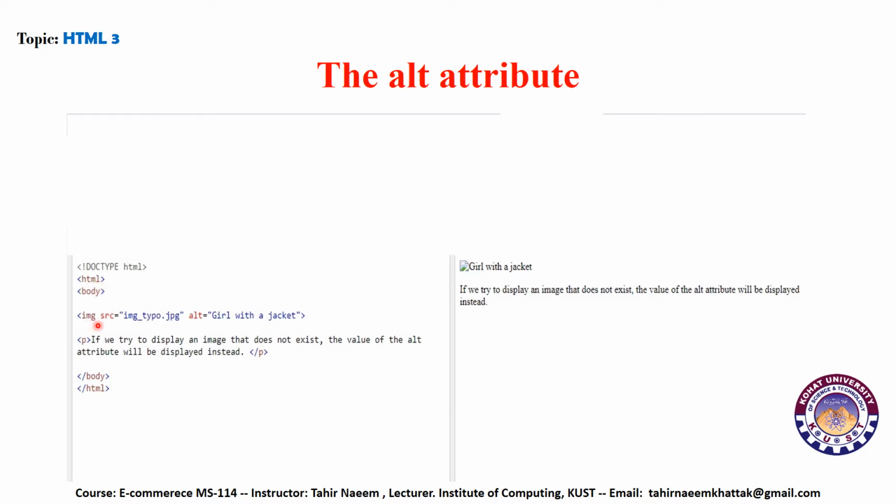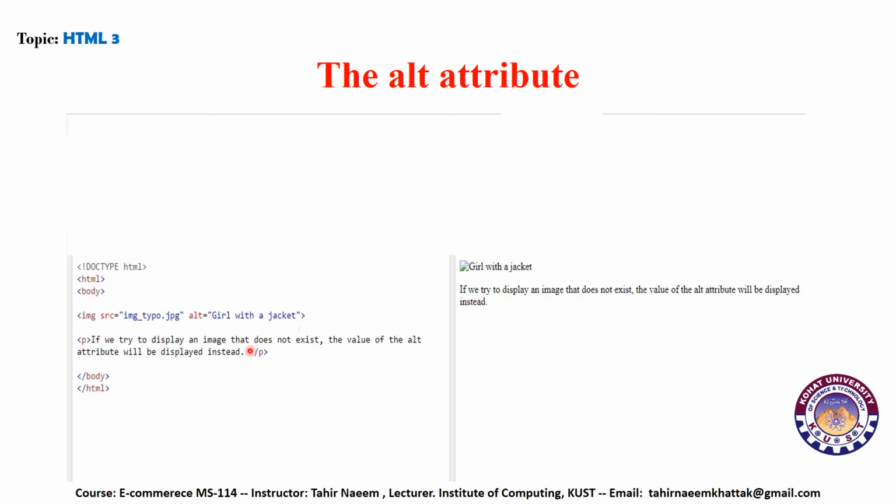Look here, img, which I have previously discussed stands for image, src stands for source, image type .jpg is the name of the file or the picture, and here alt equal double quotes girl with a jacket, and here I have closed the double quotes, and here I have closed the tag.